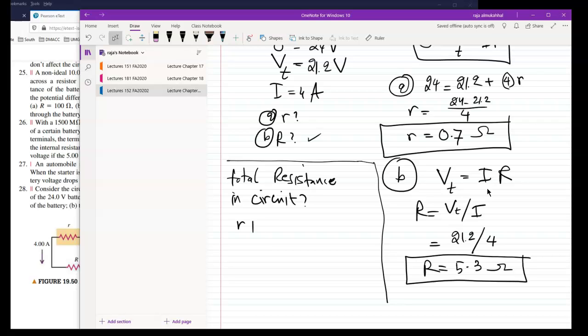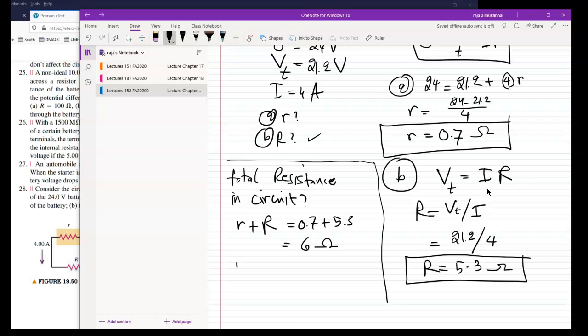Well, basically it is r plus big R, right? That's the total resistance. So 0.7 plus 5.3. So the total resistance here really is 6 ohm.